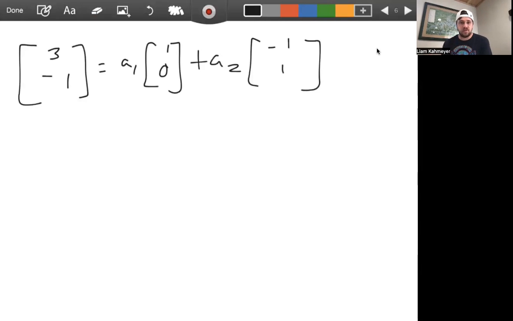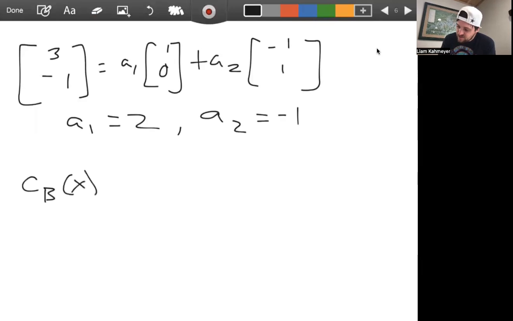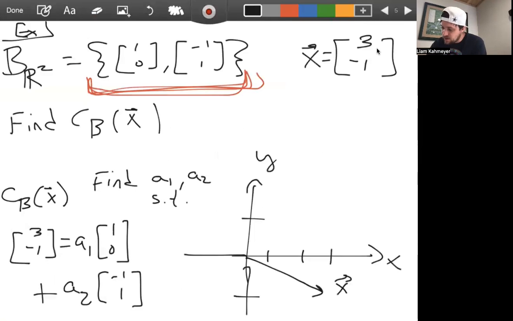You can solve this system using reduced row echelon form, et cetera, or you can do it by inspection and see that a1 is 2 and a2 is -1 gets you the solution that you would like, right? And so this means C_B of X is (2, -1). What does this mean, right? What does this mean, this coordinate vector here?